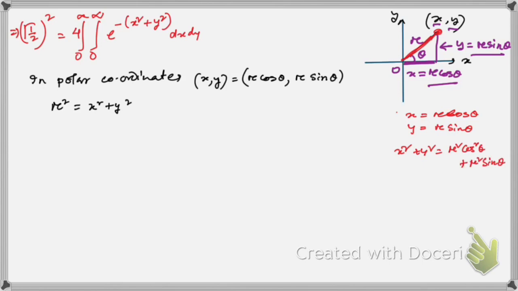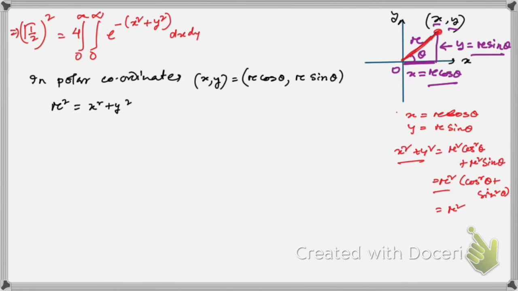Then r square is taken common, cos square theta plus sin square theta, and we know that cos square theta plus sin square theta is 1, so this part becomes 1. So we have got x square plus y square is equal to r square, right? That is what we have got here. Hope you have understood this.